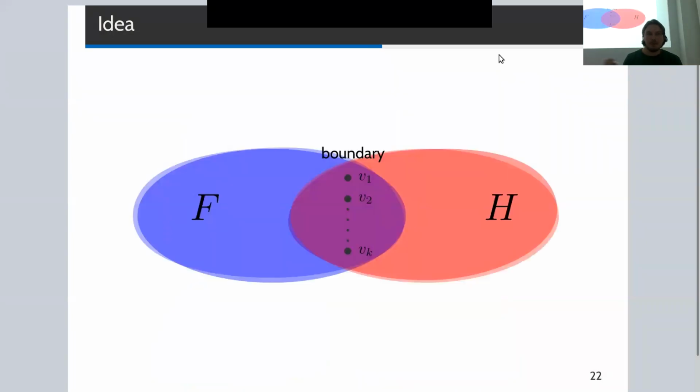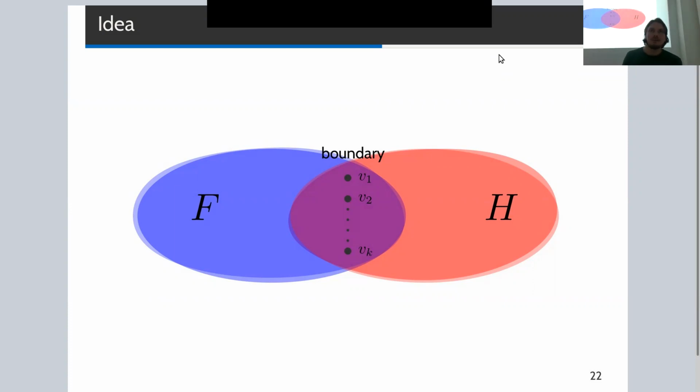So the picture I prefer for this is the following. You have two graphs f and h, and they overlap somewhere, and the overlap is going to be exactly the vertices in our bag. We call this overlap also the boundary. And we assume that the overlap of these two graphs, f and h, is exactly the vertices v1 to vk.